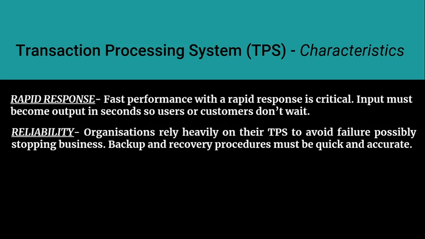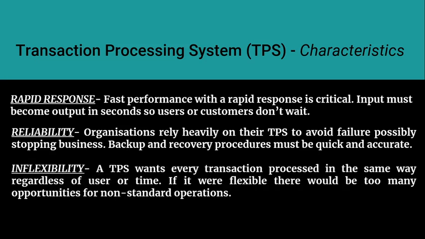Of course, any type of system should have reliability. Organizations heavily rely on their transaction processing system to avoid failure possibly stopping the business. For that, the backup and recovery procedures must be quick and accurate.